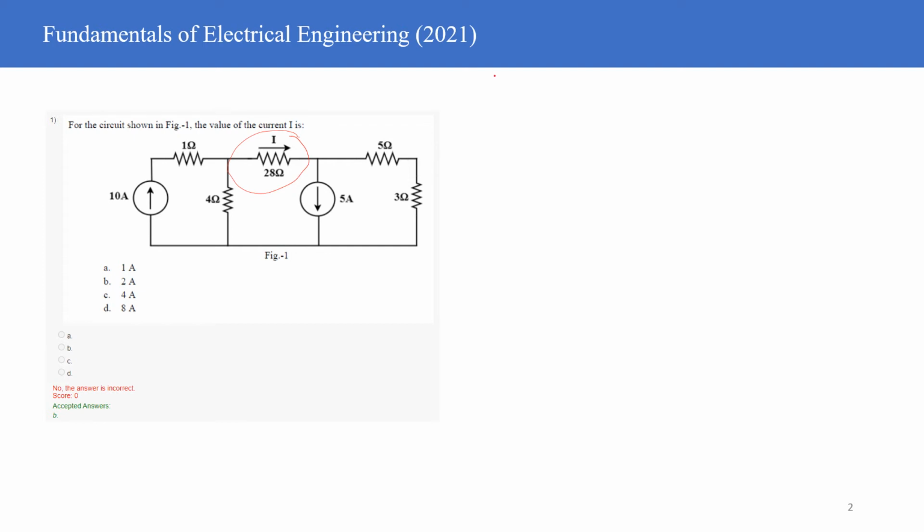So the first can be use of superposition theorem. Okay. What's the other way of figuring out the current through this 28 ohm resistance? What can be the other way around?